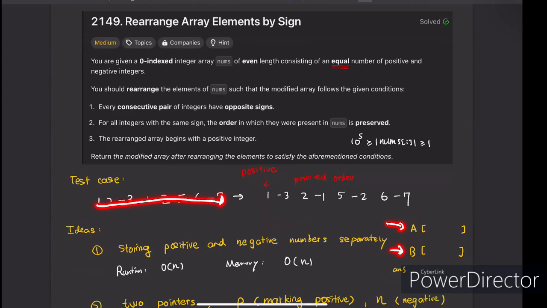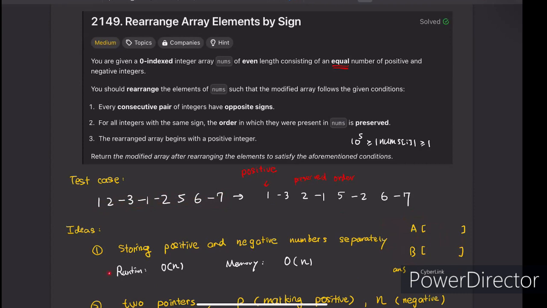And then we use the two arrays to create the array we want to return. I will take one element from here and one element from here, and so on. This way we preserve the order and reach the opposite sign of each consecutive pair.